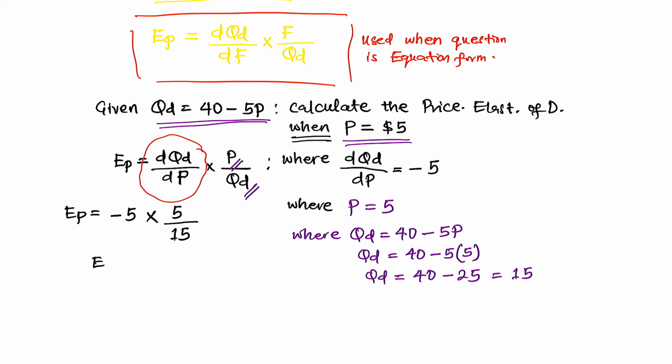So EP equals minus 5 times 5 over 15. 5 and 15 is 3. So the EP, the price elasticity of demand, is minus 5 divided by 3. And that's equal to negative 1.667.